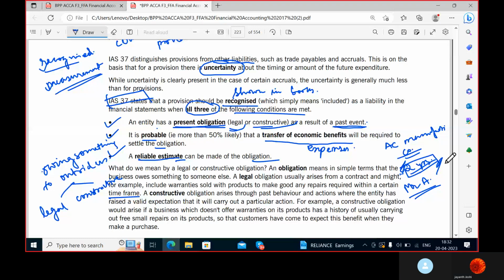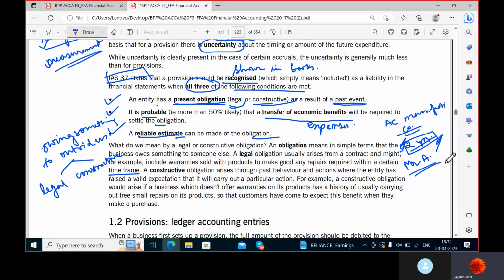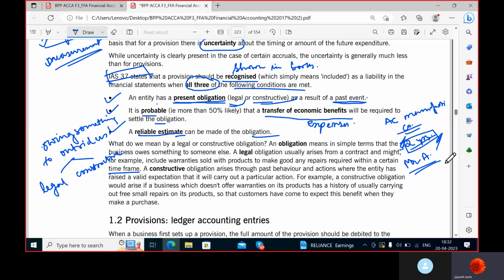Clear? Yes, ma'am, clear. Now, the second kind of obligation, which you will now understand, is constructive obligation. So constructive obligation is nothing which is implied upon the company or forced by law or by any kind of act or statute upon the company.